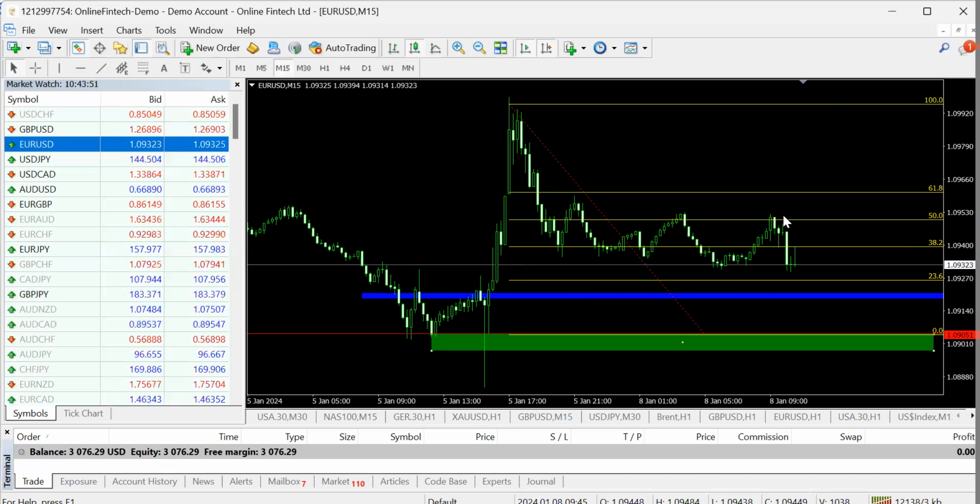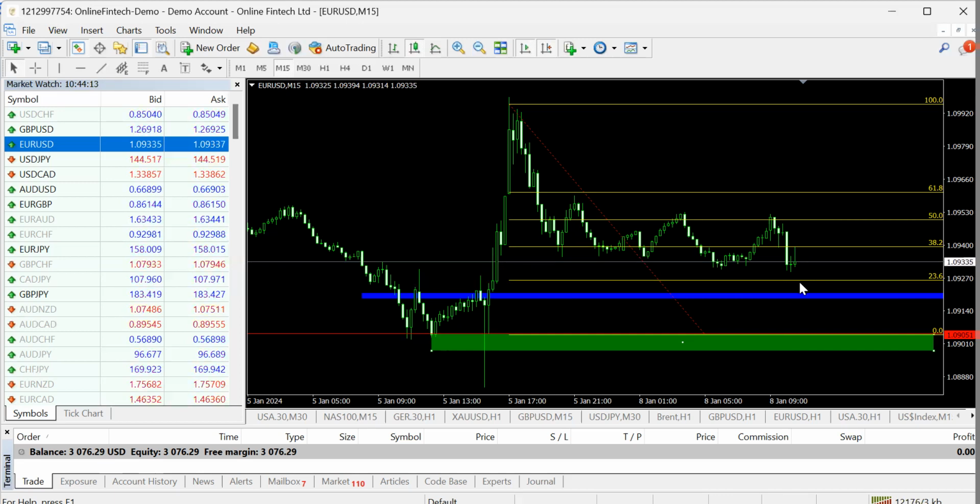But now the market fails to break the 50% Fibonacci level, which definitely tells us the next possible position is actually going all the way down. Now look at the candlestick that is playing at the moment. It pushed the price from 38.2 all the way down. So here's where the confirmation was made.